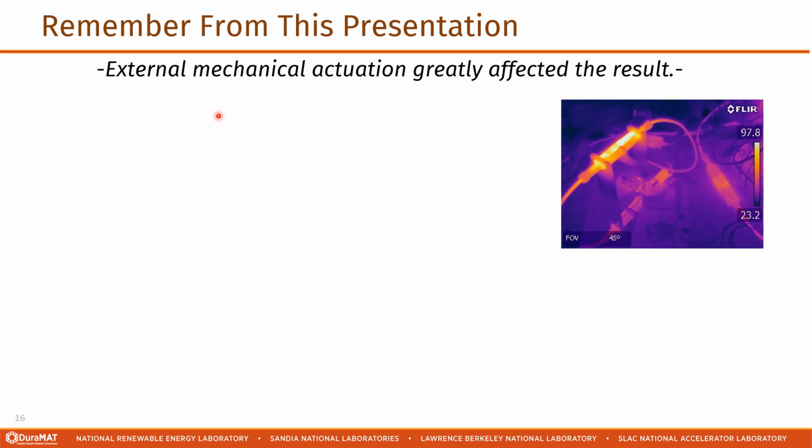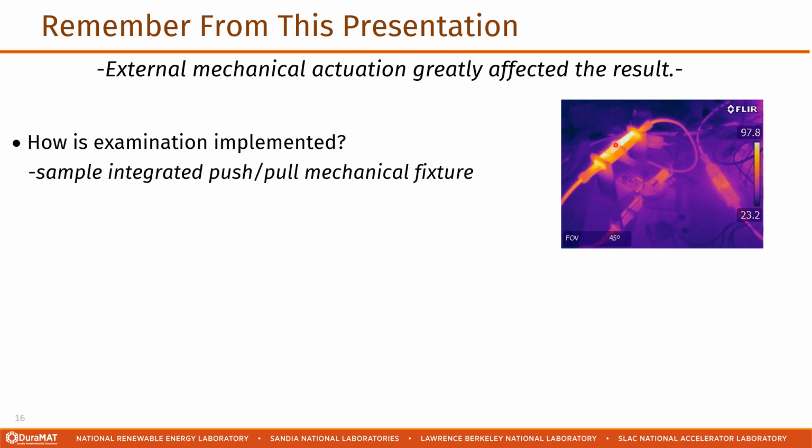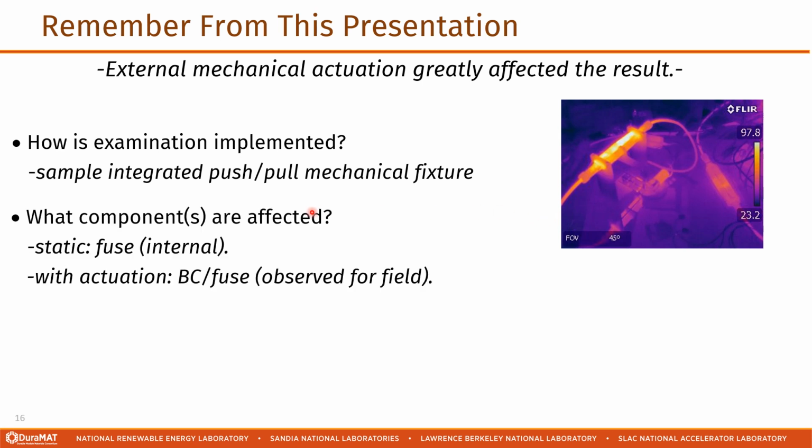So remember from today, we did see a very significant effect of mechanical actuation. We're using a push-pull mechanical fixture. The static samples were failing at the element within the discrete fuses, whereas with perturbation, we were seeing failure at the connection between the fuse and the branch connector, which was observed in field aged samples.